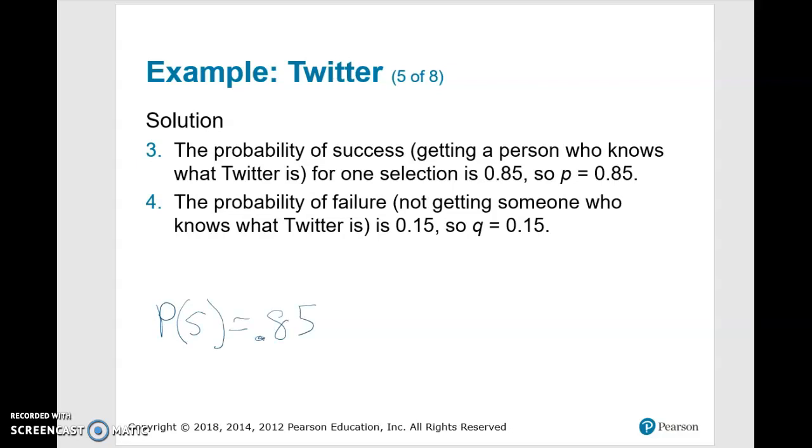So whatever number denotes the probability of success, we call P. So lowercase p is 0.85. And think P for proportion. The probability of failure, someone not knowing what Twitter is, would be 1 minus P. Probability of failure, or Q, equals 0.15 in this case.